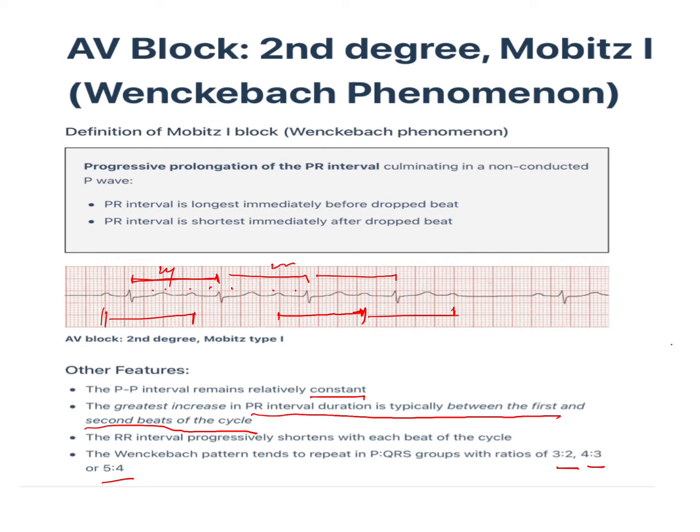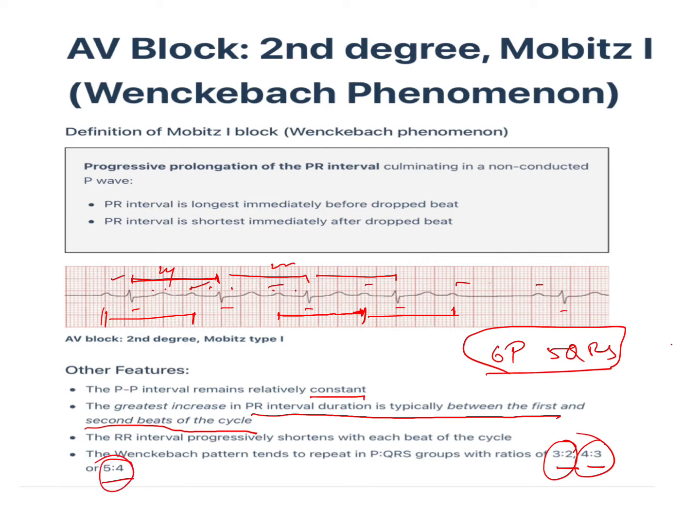If we count the P waves, this is 1, 2, 3, 4, 5, 6 P waves. And the QRS complexes: 1, 2, 3, 4, 5, 5 QRS complexes.